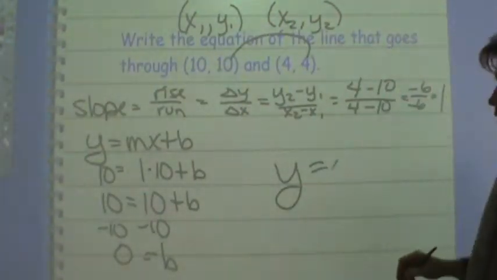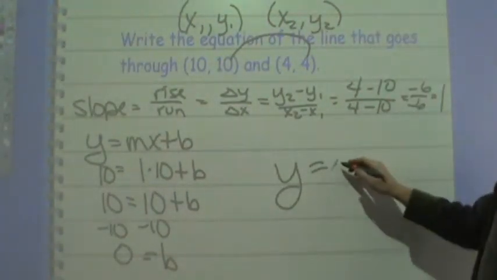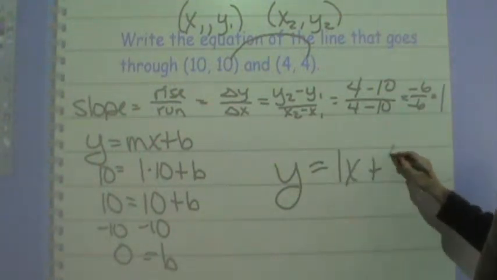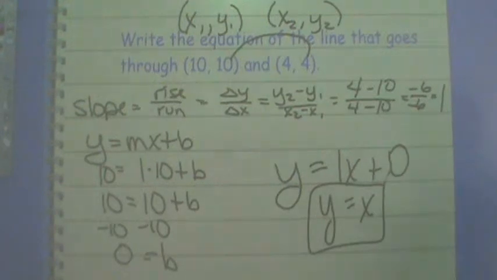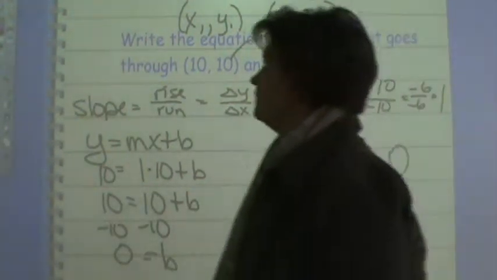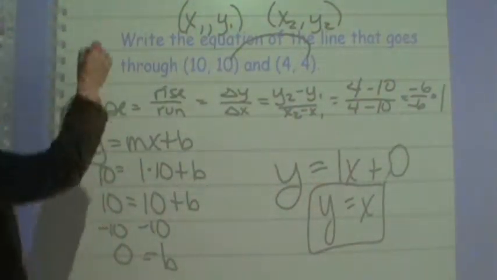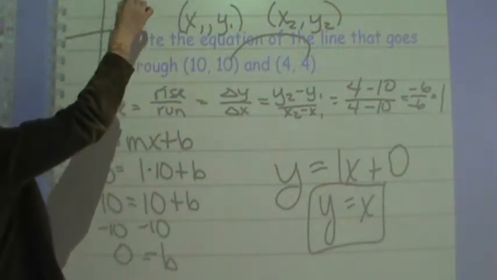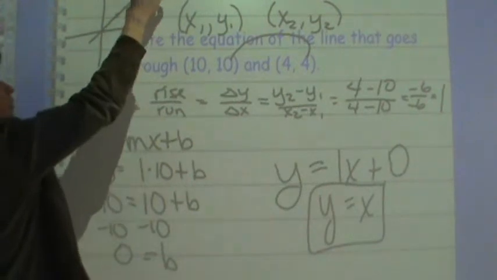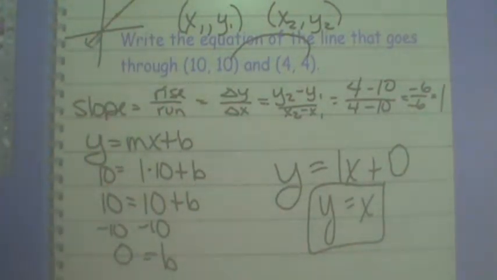So this one would be y equals 1x plus 0, which of course we could just have as y equals x. Okay? We could have graphed that as well. 4, 4 is like right here, and 10, 10 is like right here. Well, right there, that's your equation, y equals x.